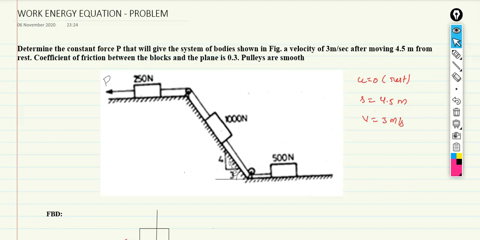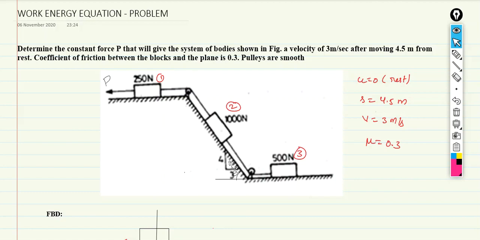The coefficient of friction between the blocks and the plane is 0.3 and the pulleys are smooth. So mu equals 0.3. Here the first weight is 250 newtons, the second weight is 1000 newtons, the third weight is 500 newtons, and we have a slope of 4 to 3.